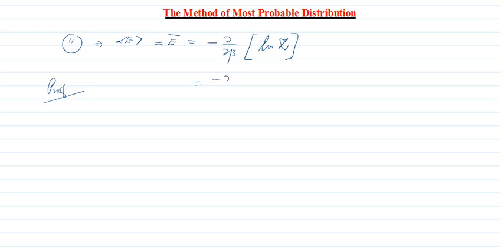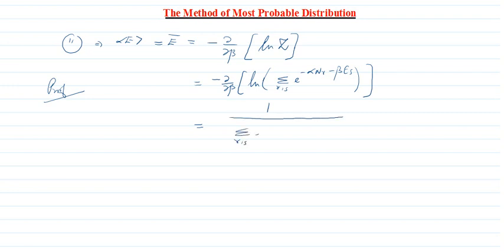That is minus dou by dou beta of log of Z, where Z is the sum over R, S of e raised to minus alpha N_R minus beta E_S. So let's see what we get. The derivative of log of something will be 1 divided by that quantity. That is 1 divided by the sum over R, S of e raised to minus alpha N_R minus beta E_S, multiplied by dou by dou beta of this exponential.